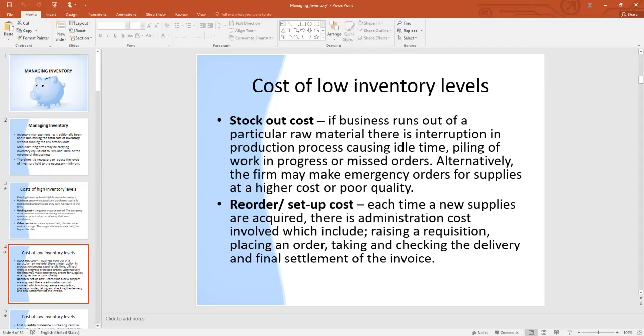But you also have the setup cost, or the reorder cost. This is a cost you would be incurring. If, for example, you're involved in production, and your focus was that within this particular week you shall be producing, let's say, 10,000 items.